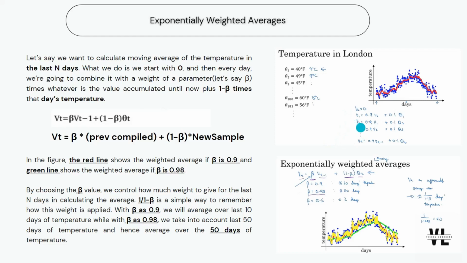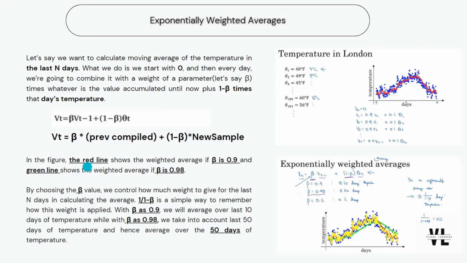So on V2 we multiply 0.9 by V1, which is the previously computed average, plus 0.1 multiplied by theta 2, which is the temperature for the second day. So basically the formula can be summarized as Vt is equal to beta multiplied by the previously computed average plus 1 minus beta times the new sample.